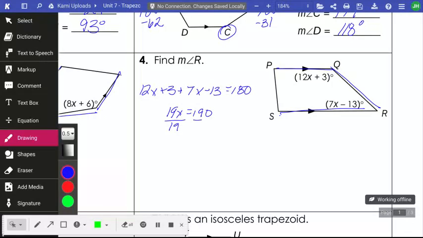Divide both sides by 19, and I get x is equal to 10, except it asks for the measure of angle R. So I'll have to plug it in here. I'll do 7 times 10 minus 13, and I will get 57 degrees.